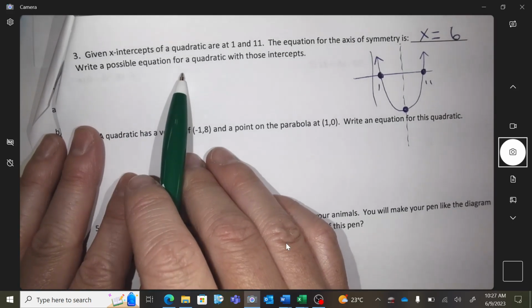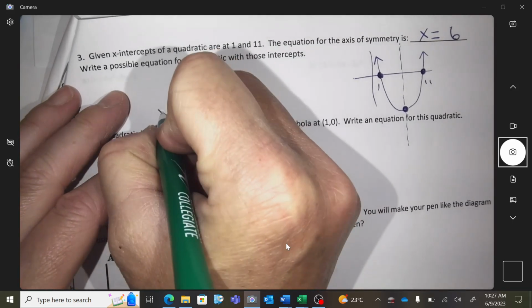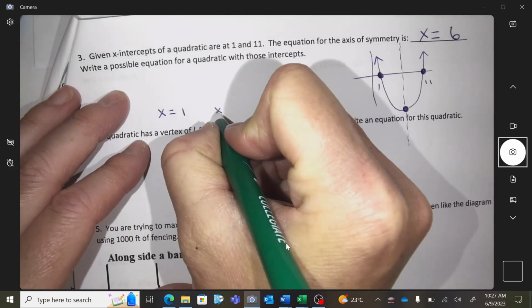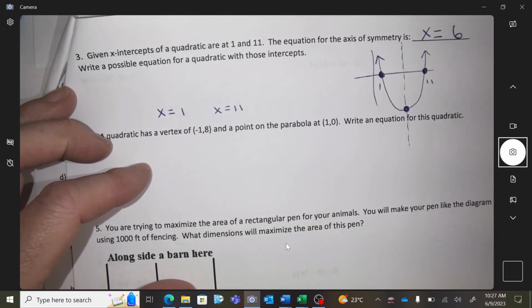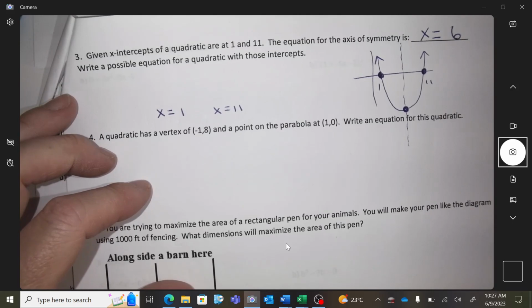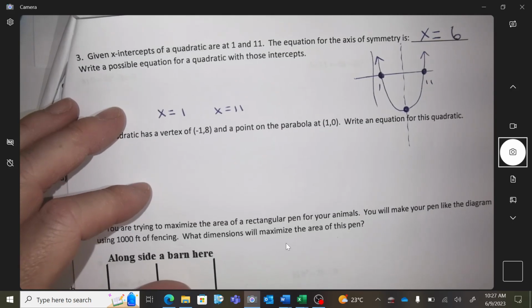Write a possible equation. Okay, we're going to work backwards. So if the x-intercepts are 1 and 11, what was the process that gives me x-intercepts? What process gives me x-intercepts? No, that's the vertex.